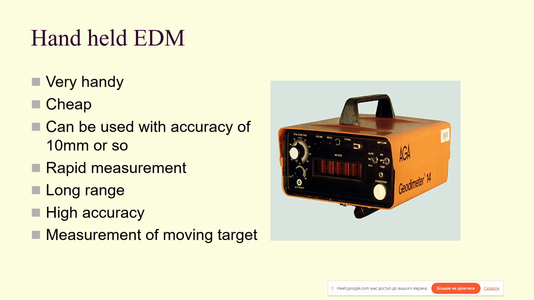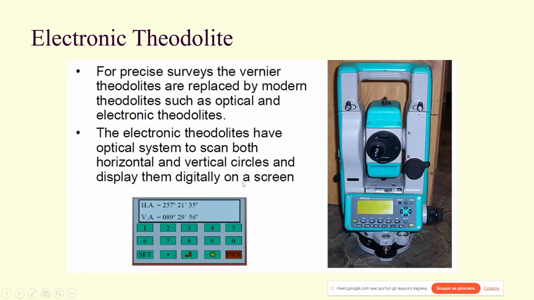Handheld electronic distance meter. This kind of equipment is very handy, cheap, can be used with accuracy of 10 millimeters or so, rapid measurement, long range, high accuracy measurement of moving target.